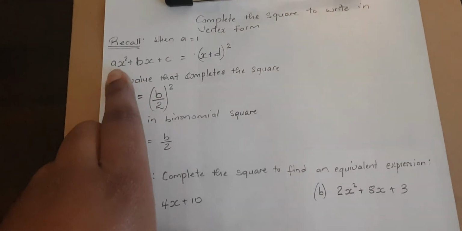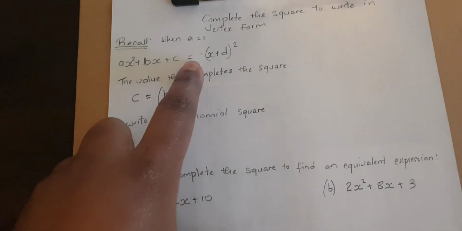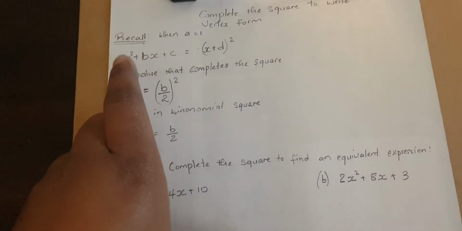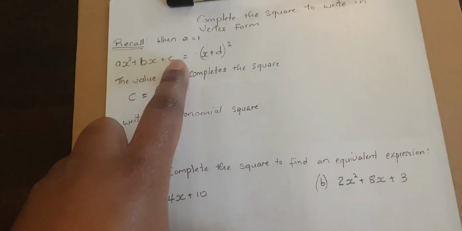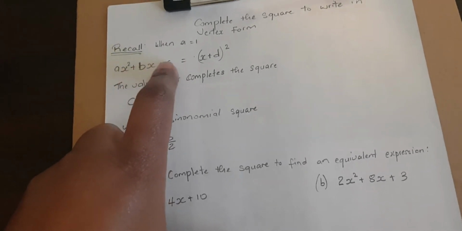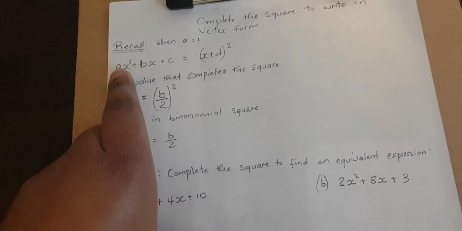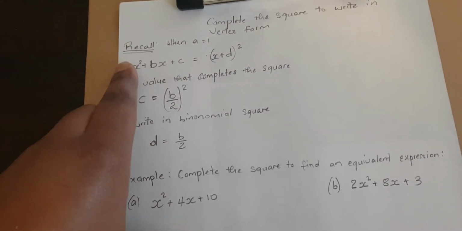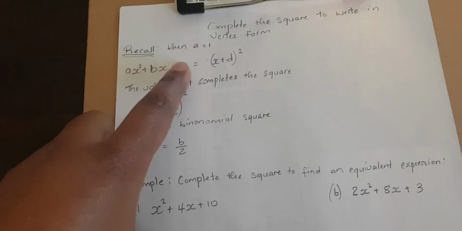So remember, this is the general form for a quadratic expression where a, b, and c are some numbers. In all the assignments that we did with completing the square, if you go back, you would realize that our a is always 1, meaning we always just have x squared plus some bx.